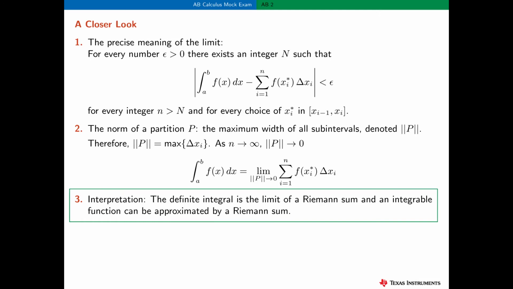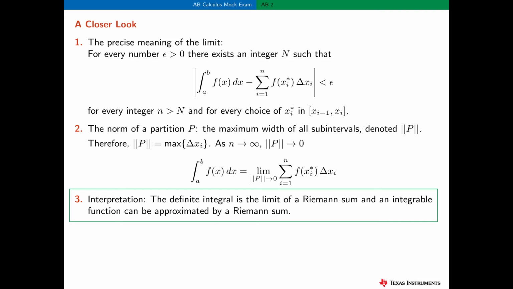And finally, this definition says that the definite integral is the limit of a Riemann sum. So an integrable function can be approximated to within any degree of accuracy by a Riemann sum. And one more aside. At this point in the class, I really don't have a method to evaluate a definite integral.